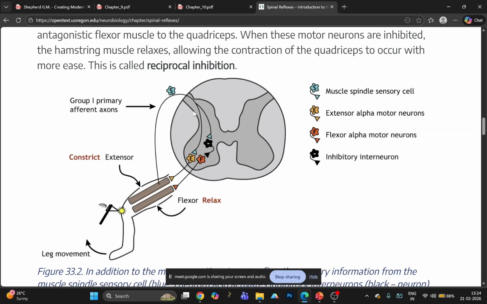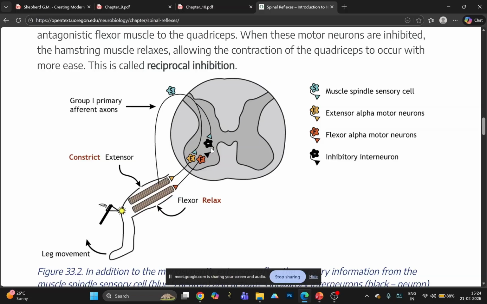One thing that you have to know is that these sensory afferents are always excitatory in nature. They are not inhibitory. So when they synapse with these interneurons, they excite the interneuron.